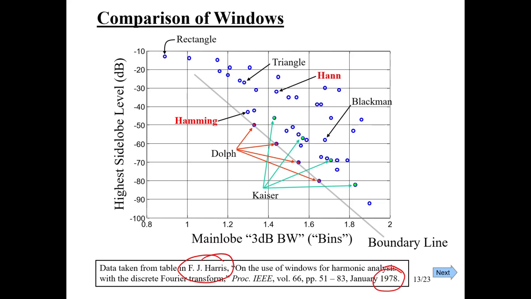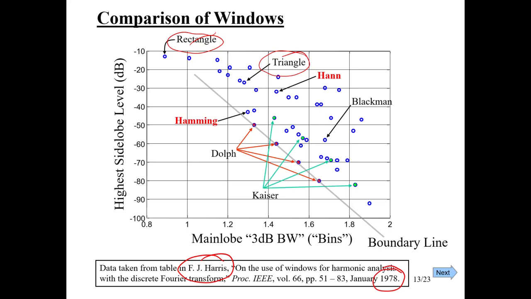Every one of those little circles on here is a type of window, and I've labeled a few of them, the Hamming and the Hann that we just talked about. And then there's some other people's names there, Blackman, Dolph, Kaiser. There's nobody named rectangle, and there's nobody named triangle. Although triangle does have a separate name. It's called the Bartlett window, but most people just call it the triangle.